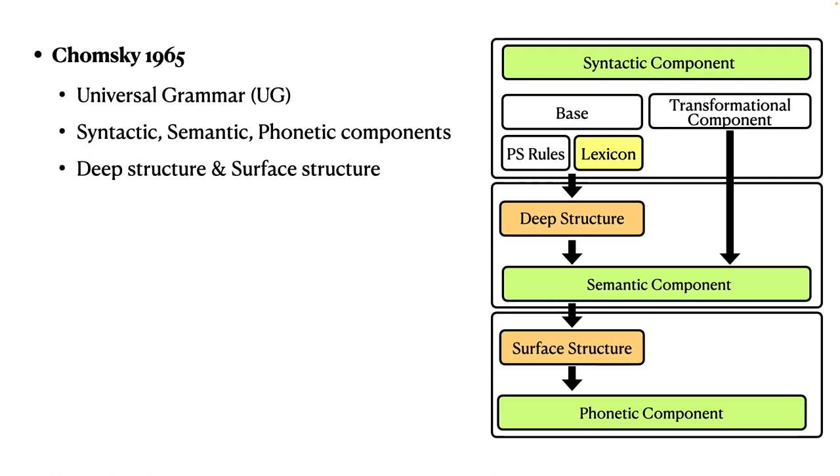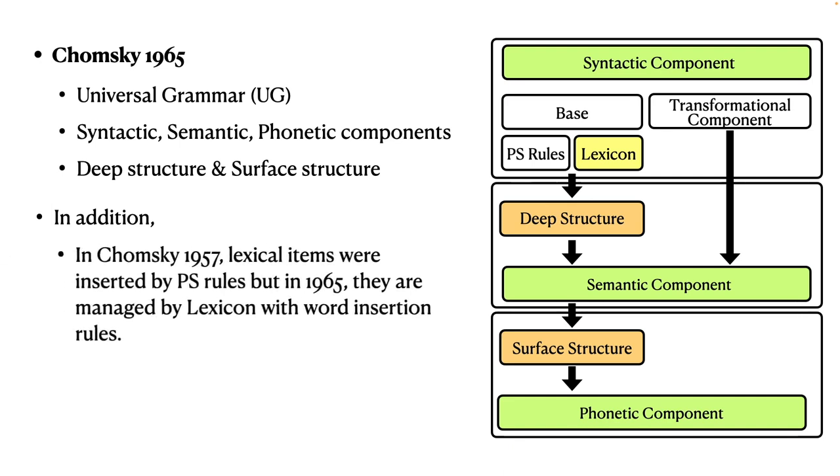In addition, in Chomsky 1957, lexical items were inserted by PS rules, but in Chomsky 1965, the lexicon is set separately, and lexical items are inserted by the word insertion rules after the phrase structure is created by PS rules.